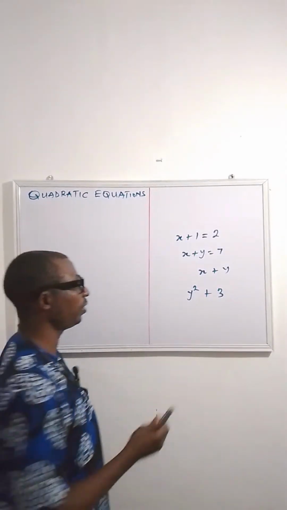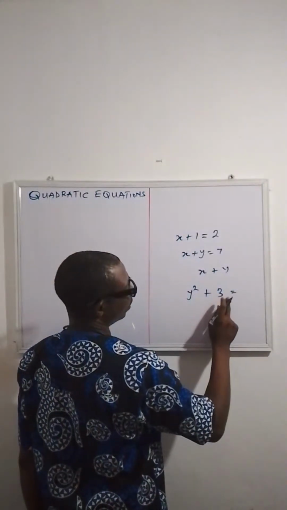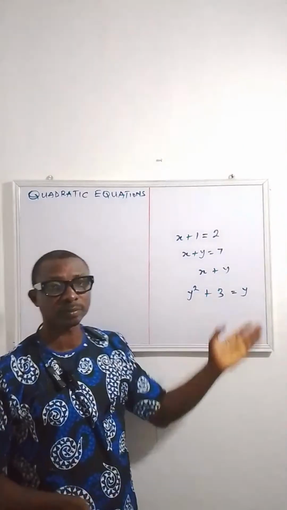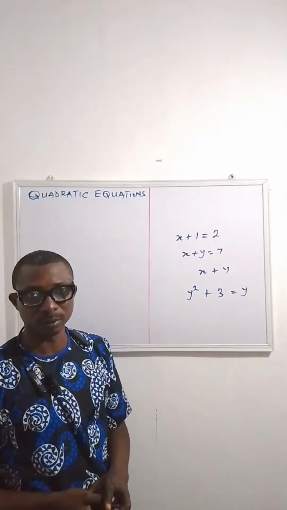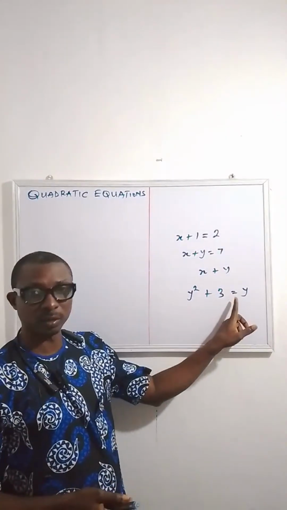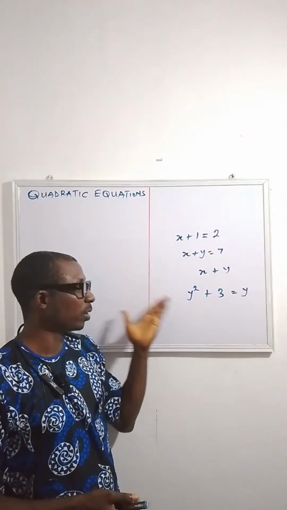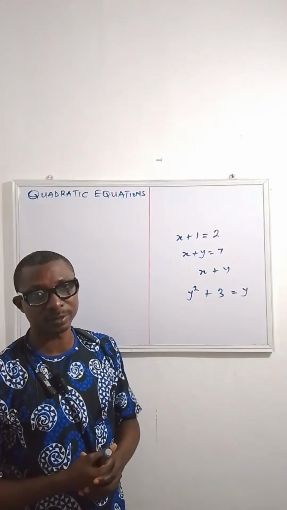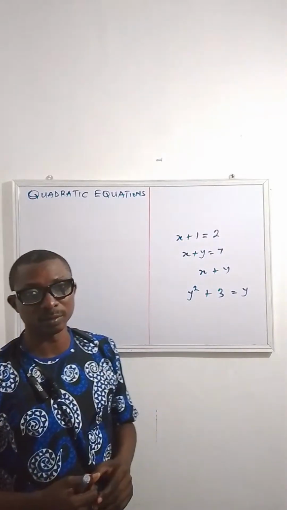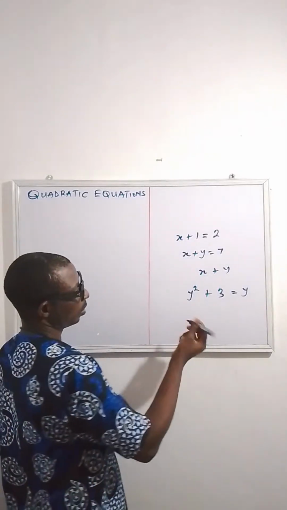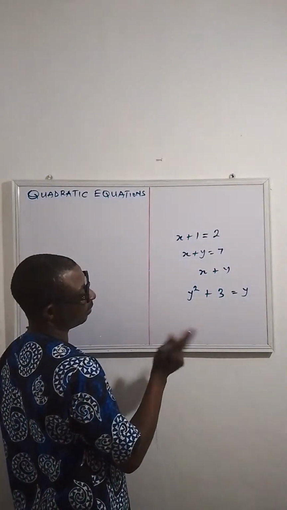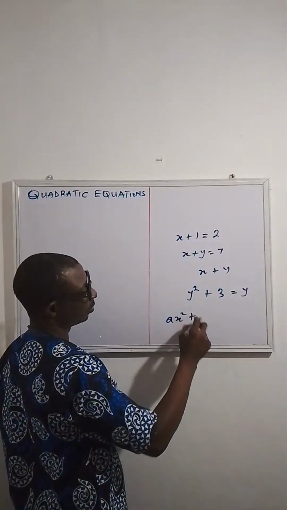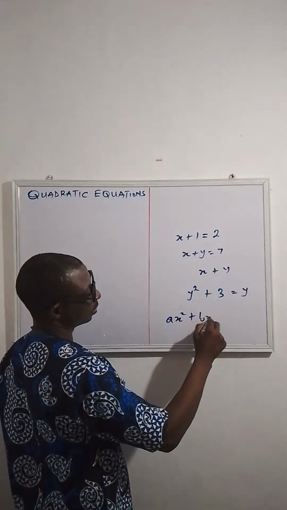If I introduce an equality sign, maybe equals y, now this becomes a quadratic equation. Why? Because we have an equality sign here, and because the maximum power of the unknown is 2. In general, a quadratic expression is commonly written in this form: ax squared plus bx plus c.